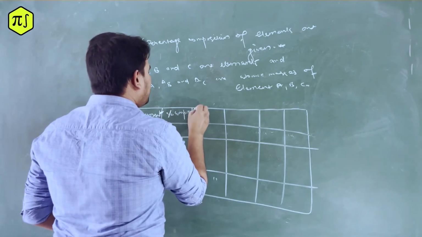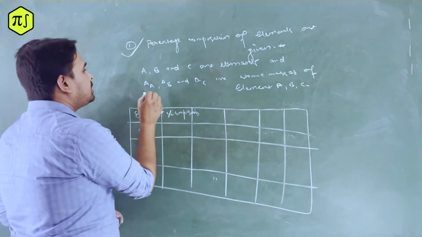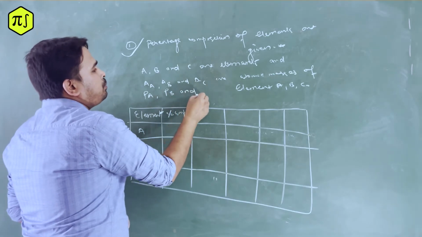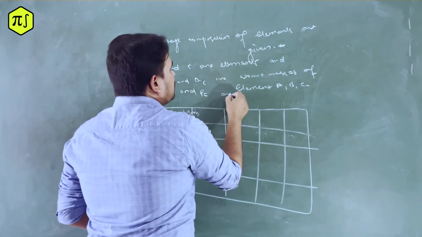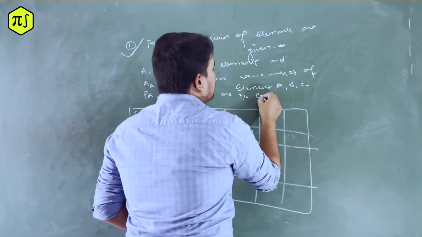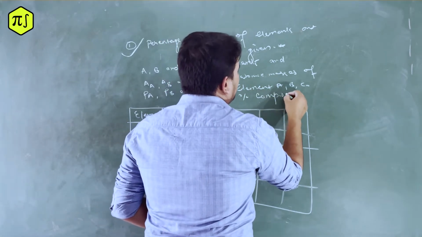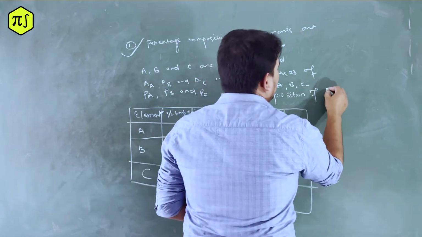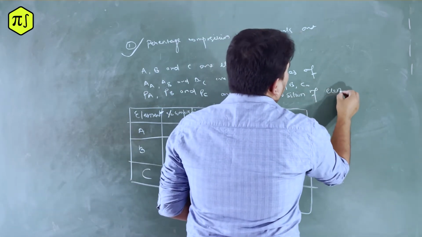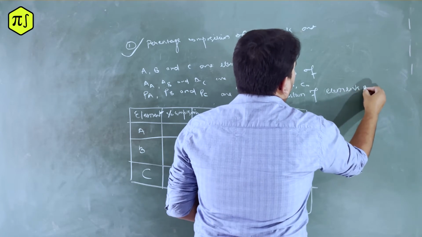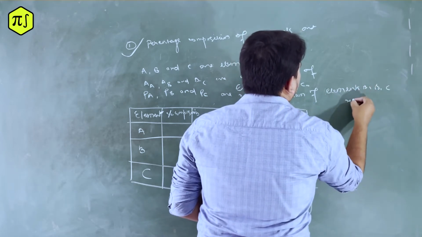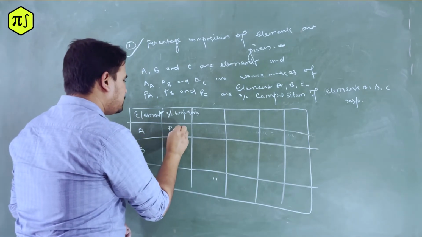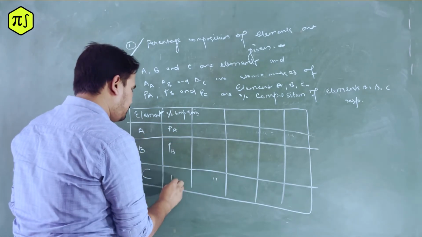So this column is the percentage composition, where PA, PB and PC are the percentage compositions of elements A, B, C respectively, guys, right?